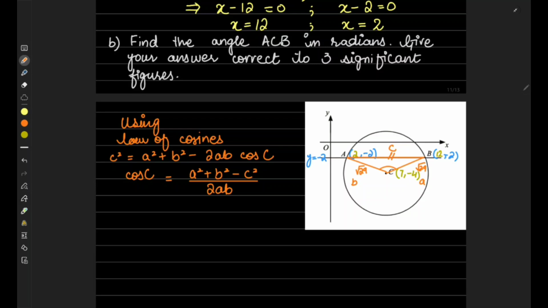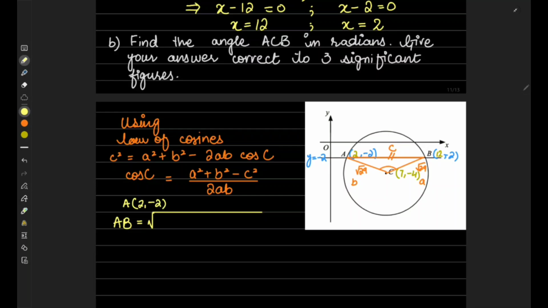Okay, now substituting in the values, but before that we need to find first AB. So AB would be found by using the distance formula, which is x2 minus x1 square plus y2 minus y1 square. So first write the coordinates, as always I do, so that there is no confusion.